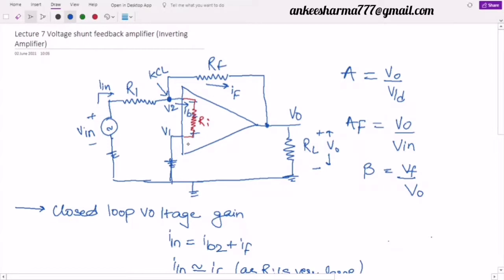Now what is the value of I in? If this is the voltage V in and this is the voltage V2, can I say the difference of these two voltages, where V in is assumed to be high in comparison to V2, because the direction of the current is from this to this. So can I say I in can be represented as V in minus V2 divided by R1?